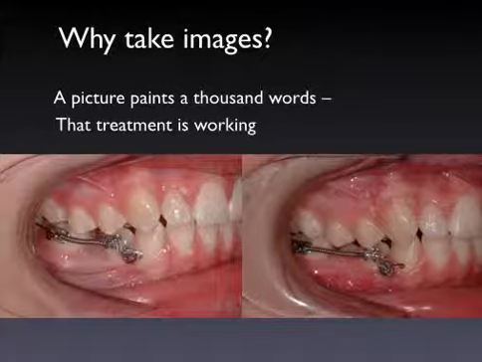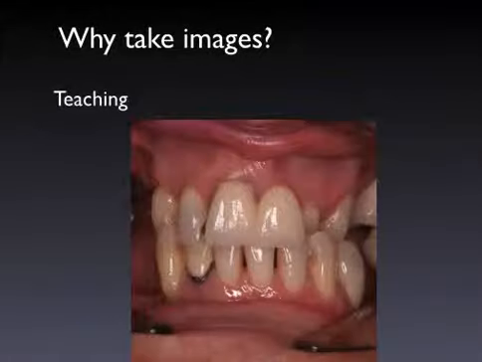So not only can we help teach our patients, but we can help teach colleagues. So here's a patient who came for correction of a crossbite. She'd seen several other people who said it wasn't possible.